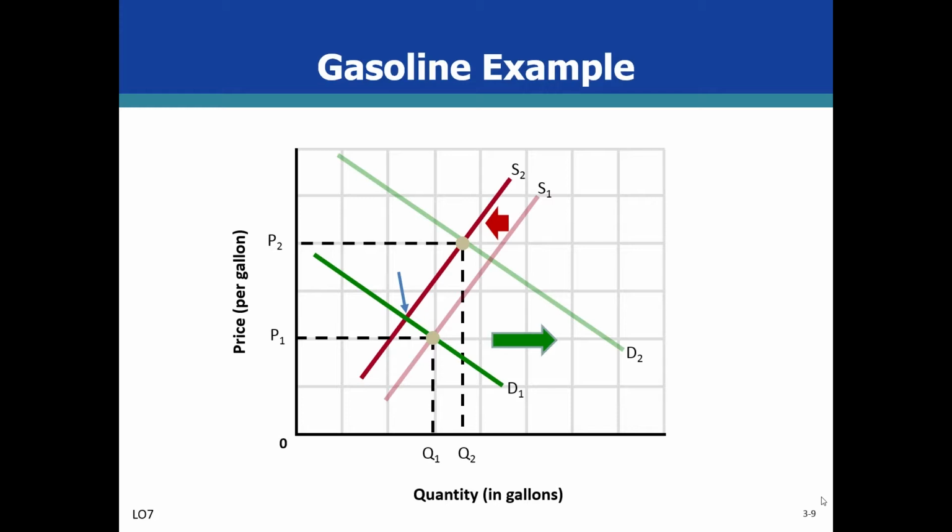Supply decreases from S1 to S2. All else equal, the market price would end up at the point of the blue arrow, slightly higher than the starting point of Q1 and P1. Supply goes down, demand stays the same, price goes up.